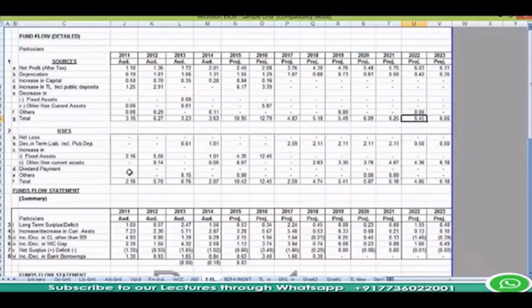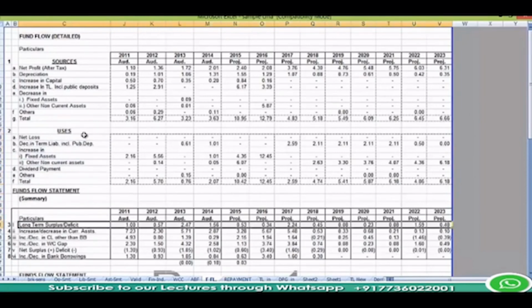This statement would list out all the sources of funds, and when we say sources, all long term sources, and it will also list all the uses, I mean, what are the long term uses. Sources and uses will be shown separately. Then at the end of it, it would give what is the surplus or deficit out of all these sources.